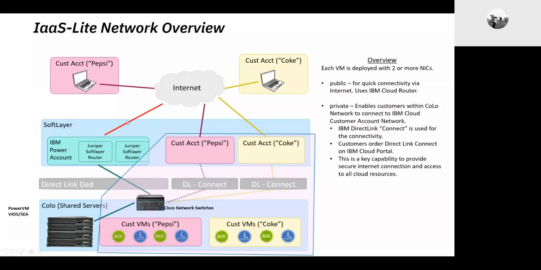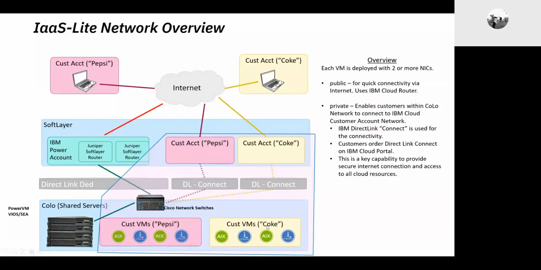However, IBM Cloud itself, that is what we call SoftLayer in the middle box here, they do charge for egress traffic. So any traffic that goes out of the cloud back to this upper left-hand pink box, Pepsi, egress traffic, that is charged by the IBM Cloud. It's not a charge that we Power levy, it's a charge Cloud does for anyone who has egress traffic.